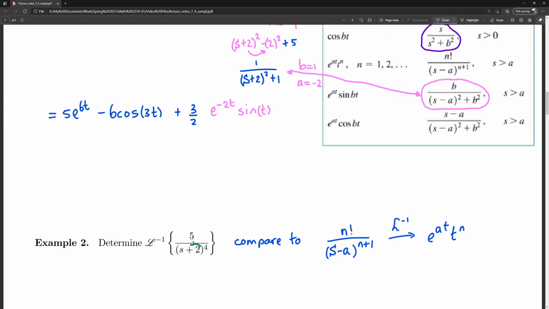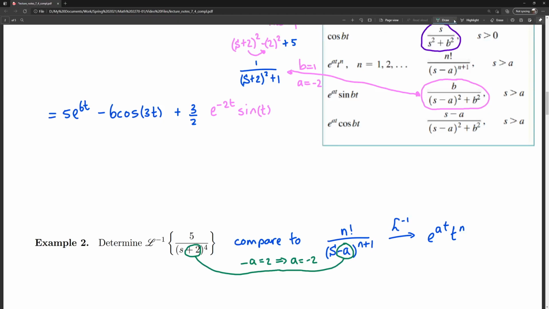Let's take a look at the plus 2, and you compare that in the expression with negative a, and we see that negative a equals 2, or a equals negative 2.